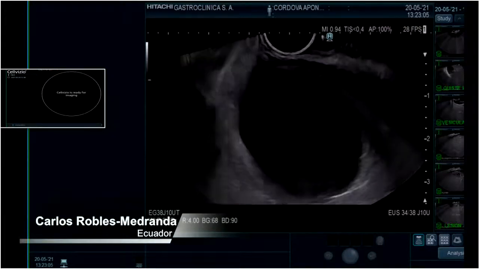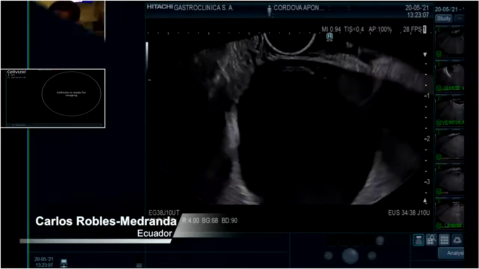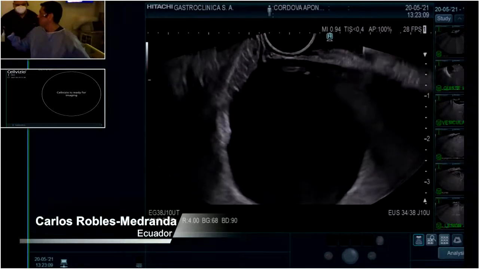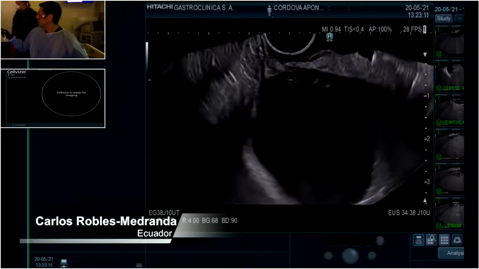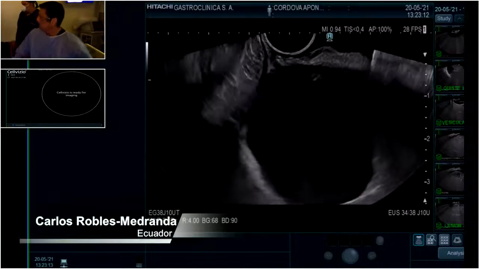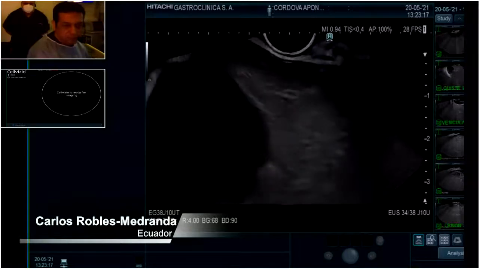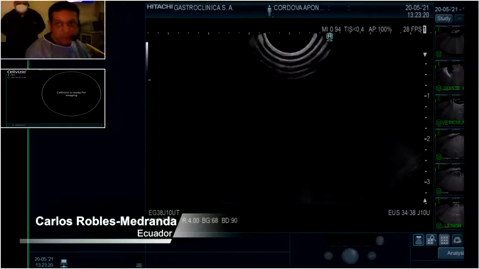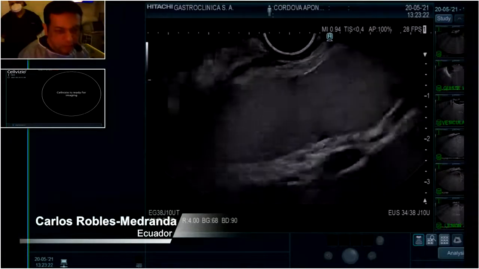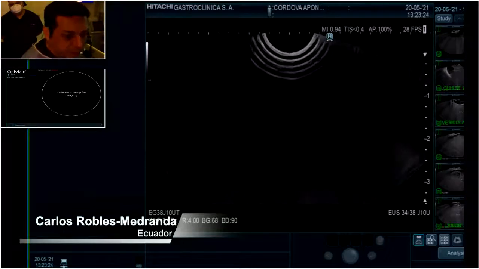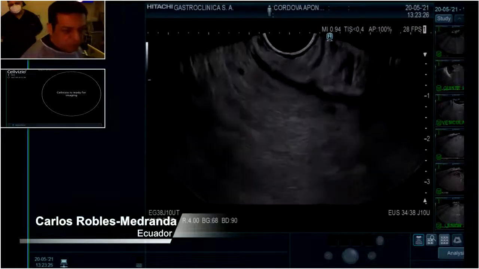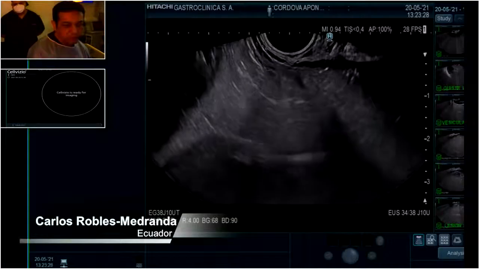This is a cystic lesion, huh? Let me see. Yeah. So she has also a cystic lesion in the liver. This is what I see. This is not a worry for myself. There's a big cystic lesion there.